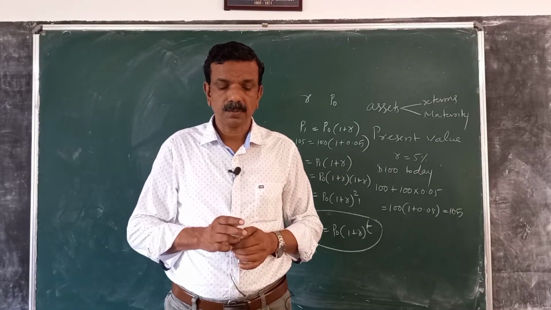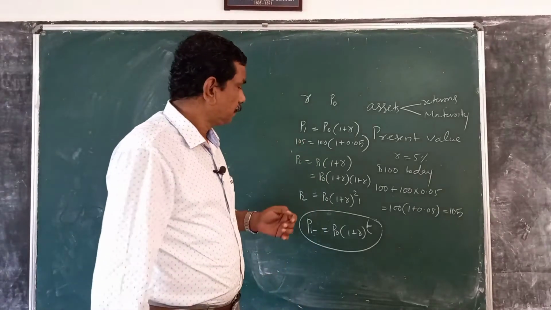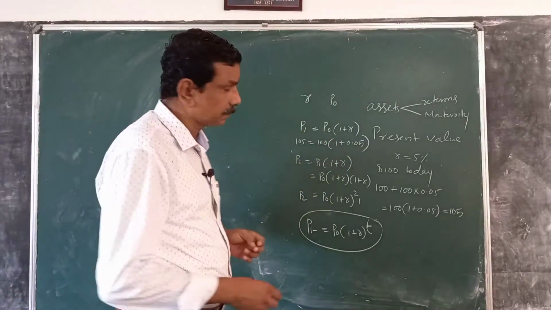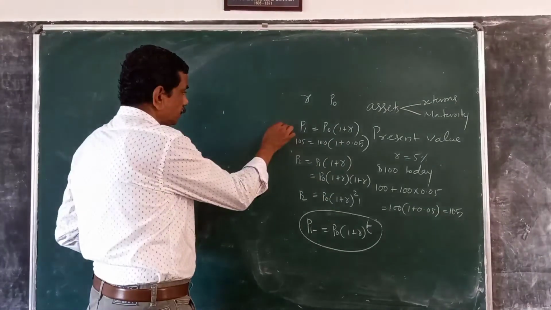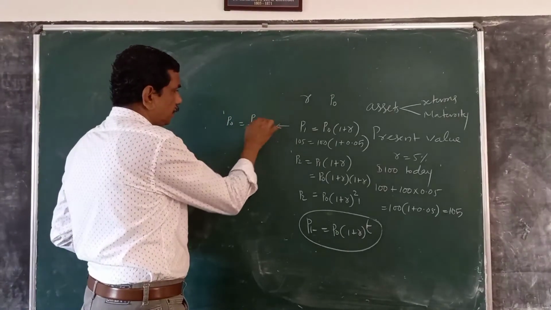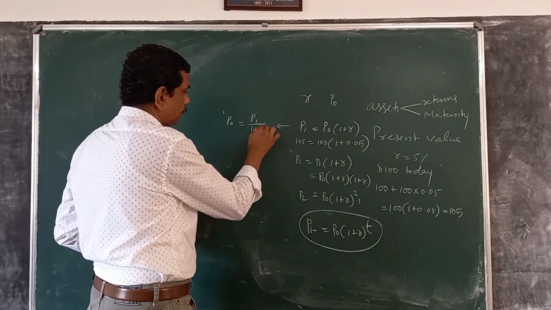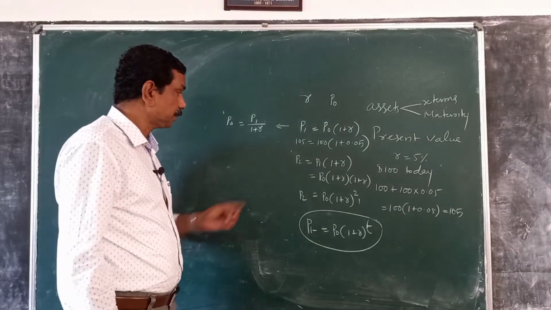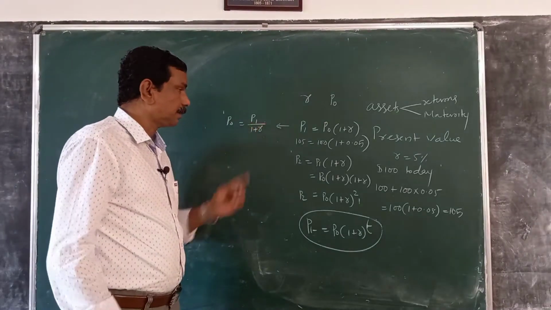That is P1 today. For that, we solve this equation for P0. Now, from this, we will get P0 is equal to P1 by 1 plus R.